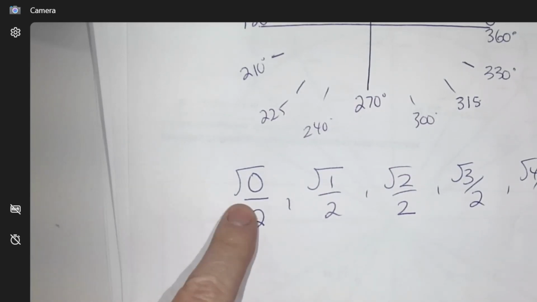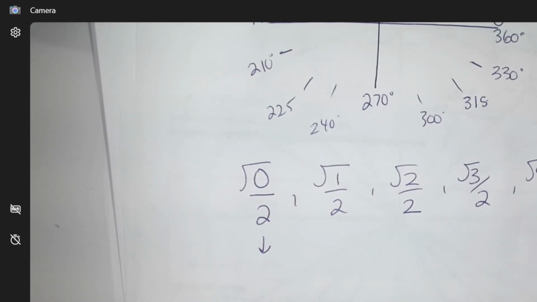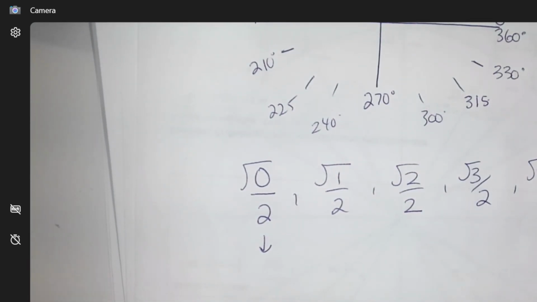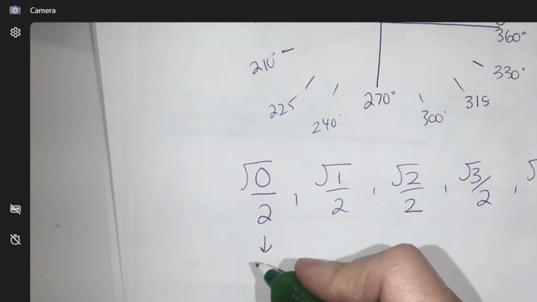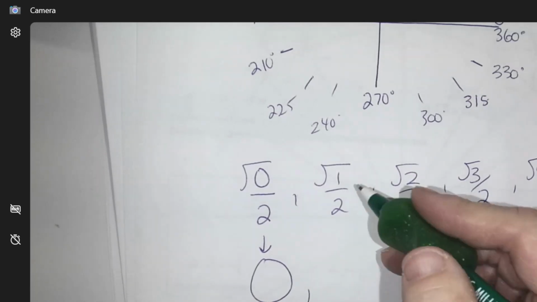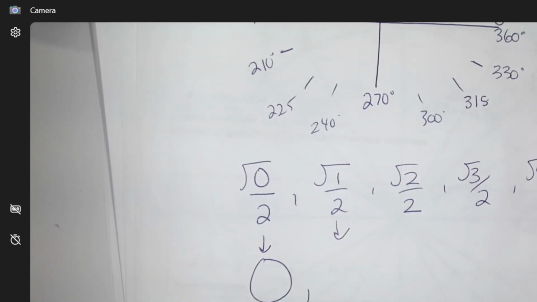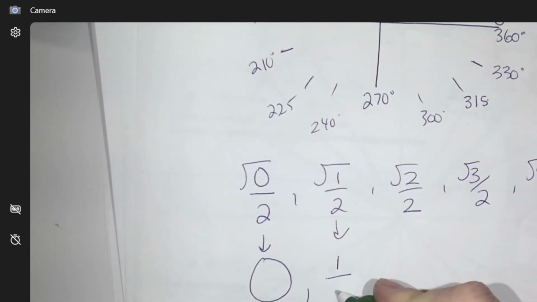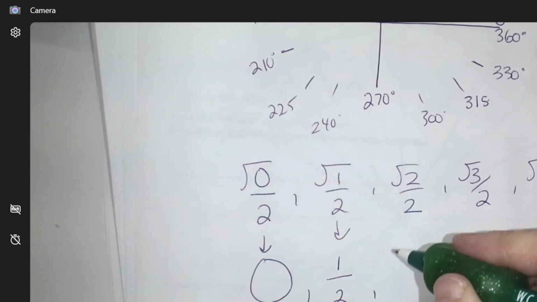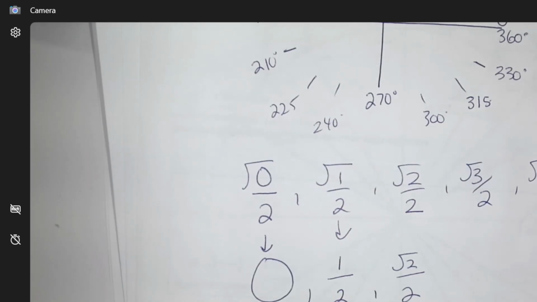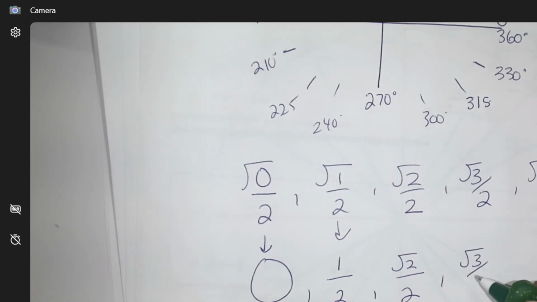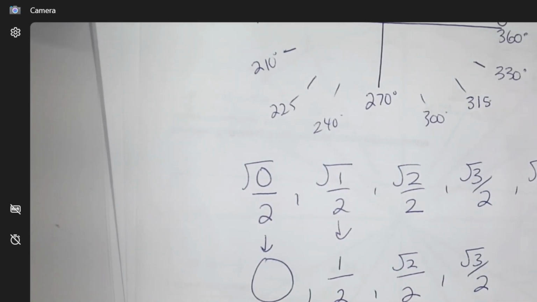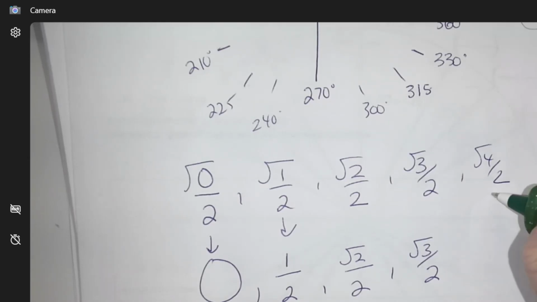So I'm going to change the look of this one. What is the square root of 0 divided by 2? Just 0. I'm also going to simplify this one because what is the square root of 1? 1. Root 2 has to stay. The square root of 3 stays, and this one would change.